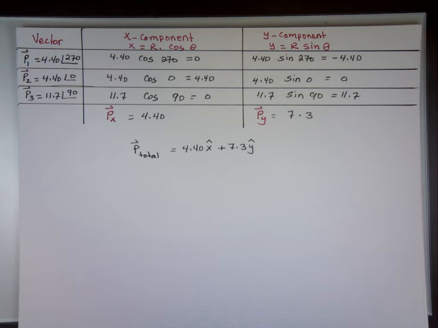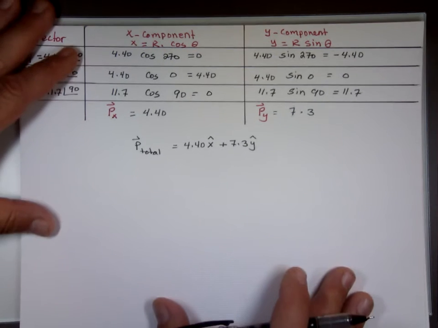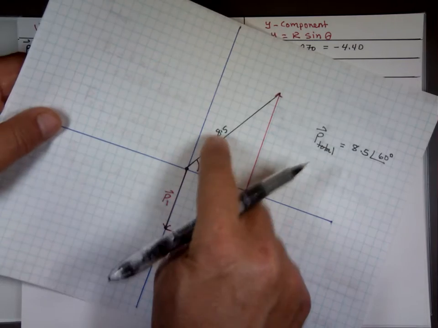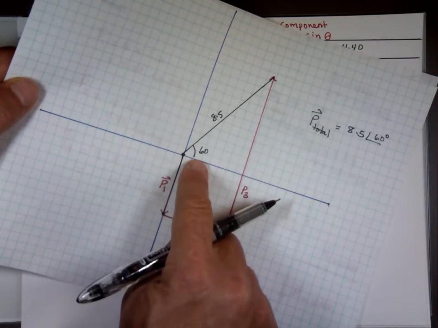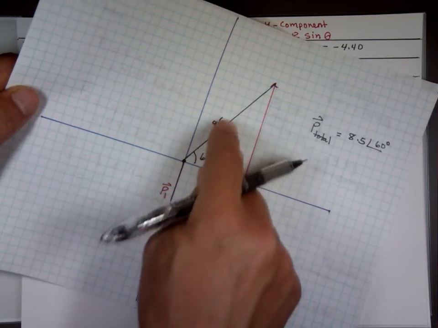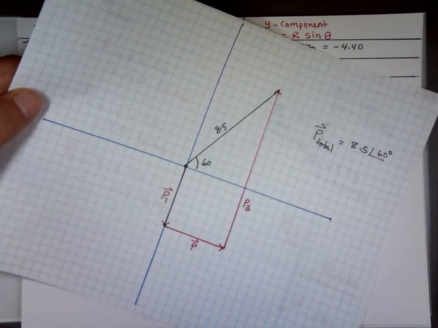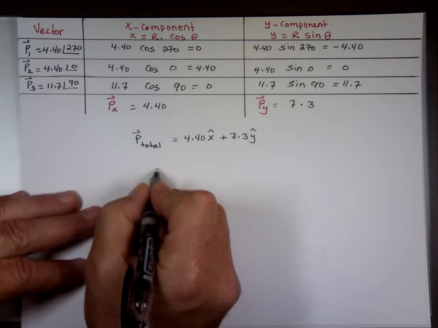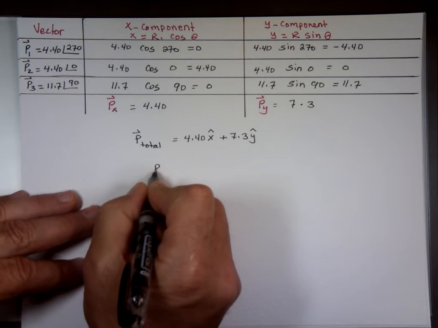Can we find what are the length of that vector and the angle? Because I'm trying to see if my graph is good or not. I'm trying to see if we did it right. I came up with 8.5 angle 60. I should be somewhere in that neighborhood if I did it right. So what is the value of r? That's the magnitude of the vector.